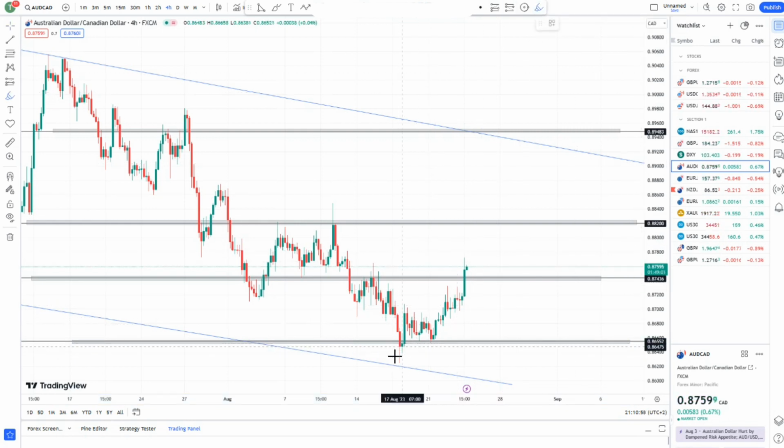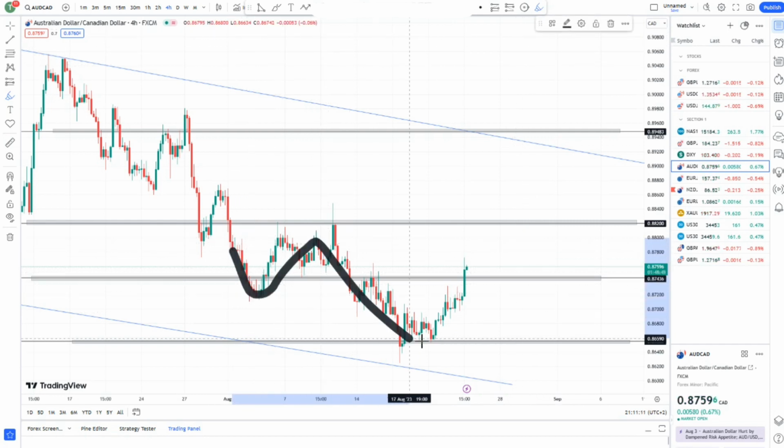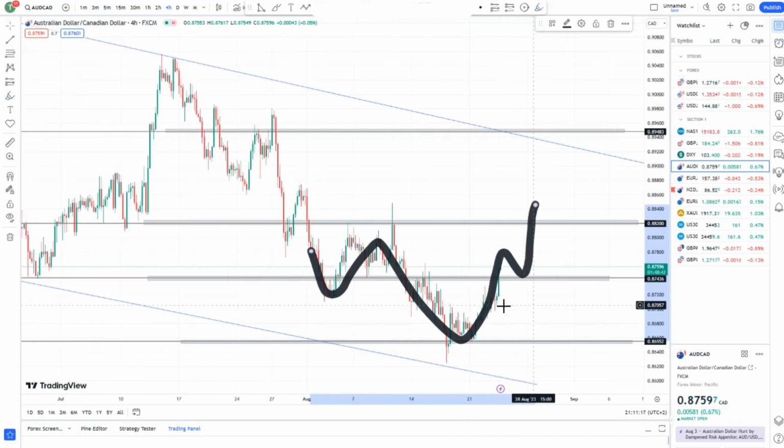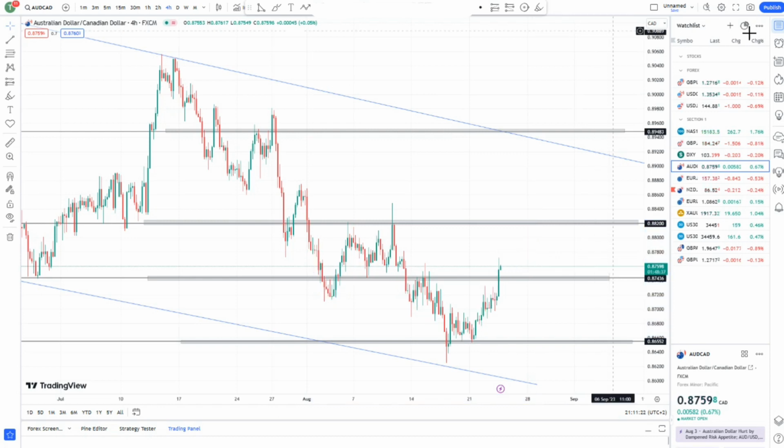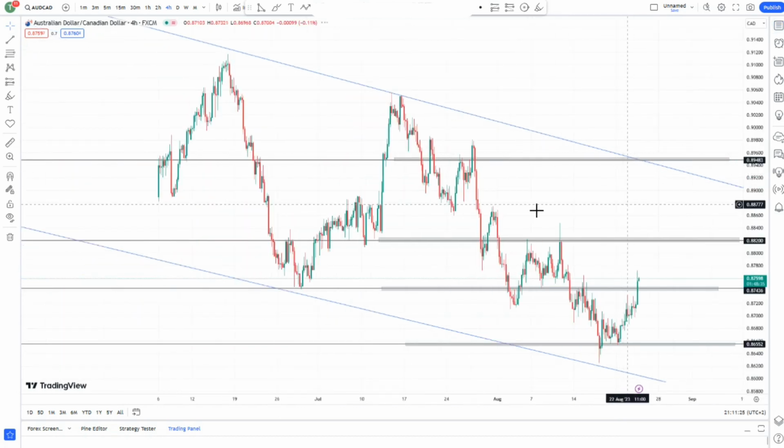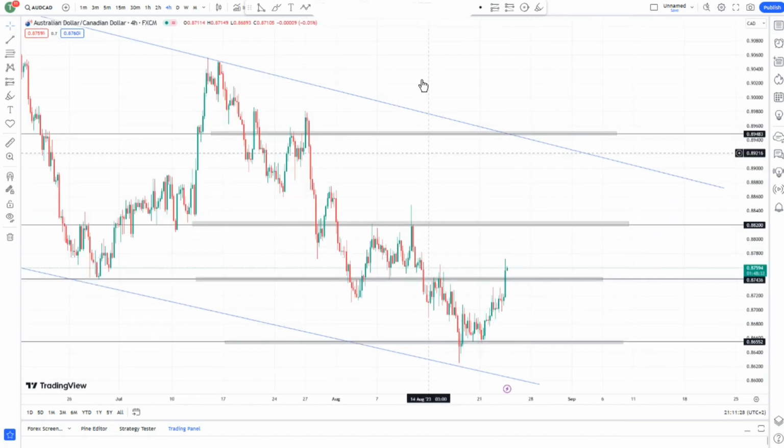So as you guys can see, we had this nice double bottom pattern printed for us here, and I think it's actually the same thing right here too, that we're having this nice pattern that I think price is trying to print for us. The pattern that I'm anticipating. Let me just remove that. I'm just going to look for more key levels on the 4 hour time frame.